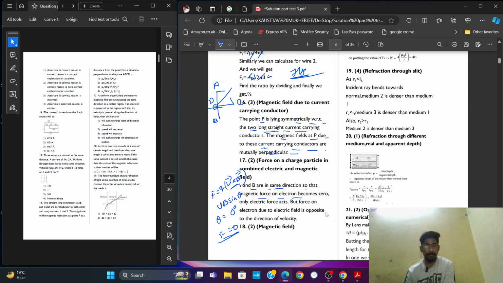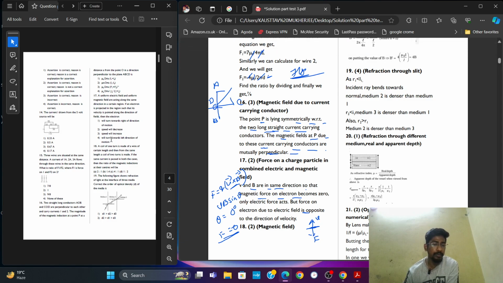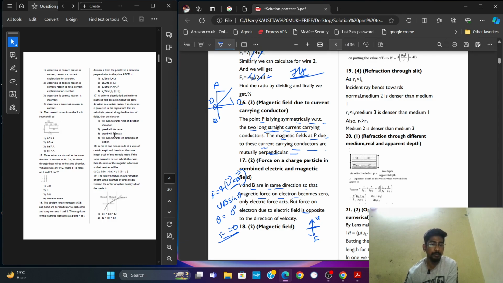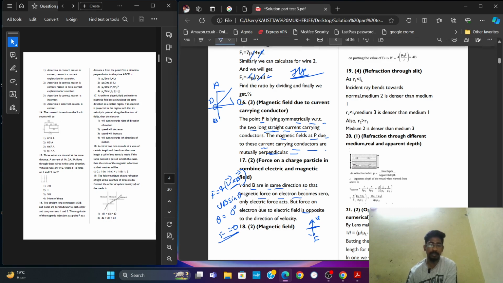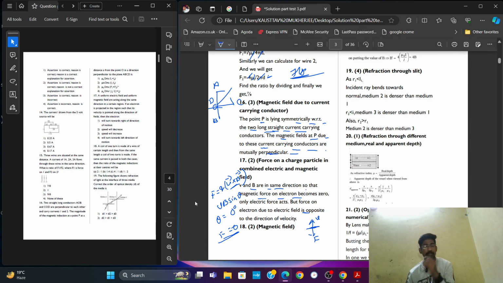So only the electric force acts, opposite to the velocity, and we'll turn towards option number 2: the speed will decrease as the force acts in the opposite direction, and it will come to rest.